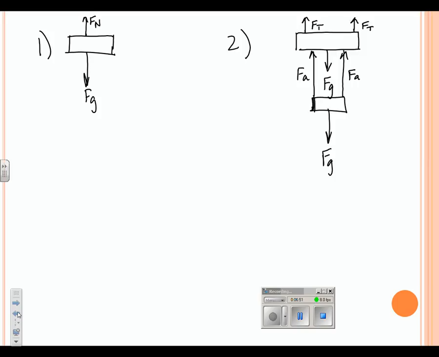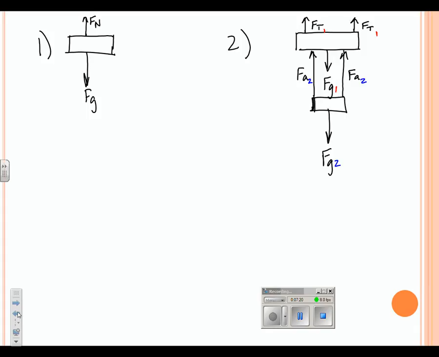But she also has an F of g value. So my 2 F of t's have to be able to, if she's motionless, then my F of A's and my F of G's have to be equal to each other for the girl. I could have labeled them, this was F of G1 and this is F of G2, because that's for the girl versus the bar. And the F of A's are with number 2 and the F of T's are with number 1 as a system diagram.